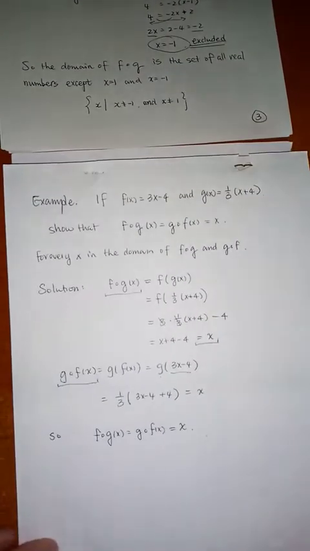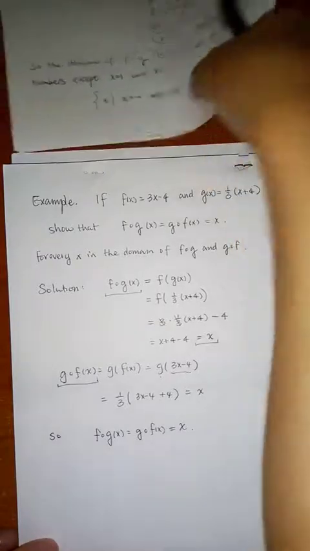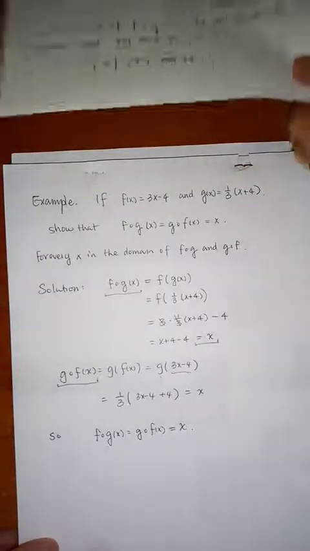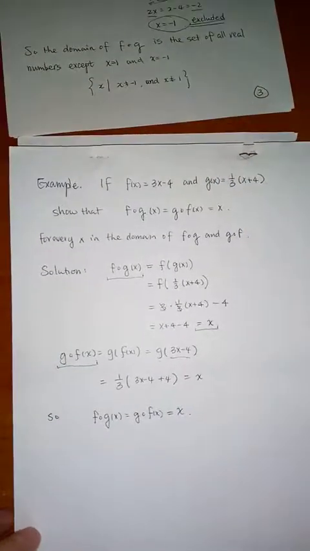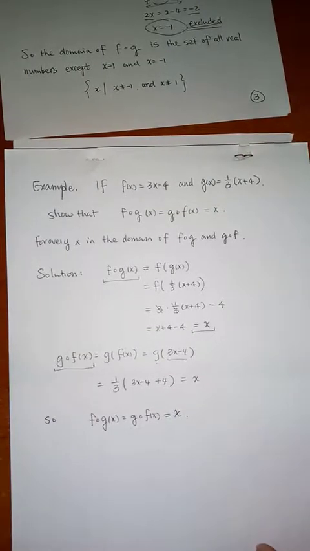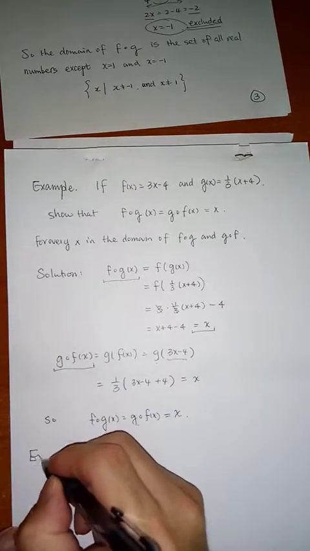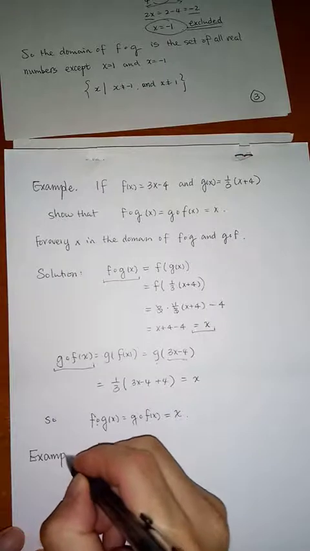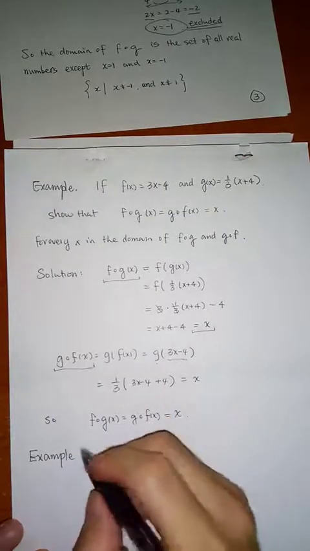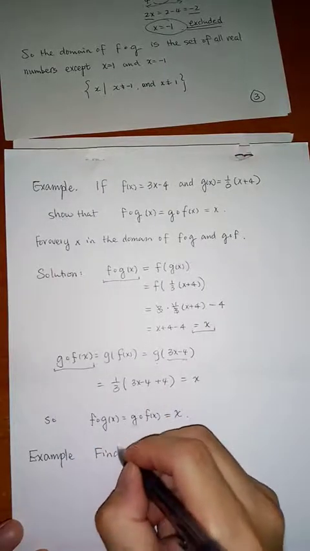So now we have several examples. We know that whenever you have two functions, you can follow some steps and get the composite function. Sometimes you have a very complex function, and you want to consider it as a composite function of certain simple functions, like decomposing a complex function. So this is the example.